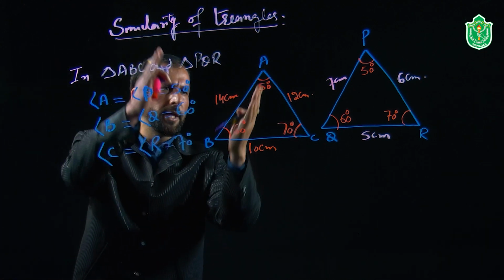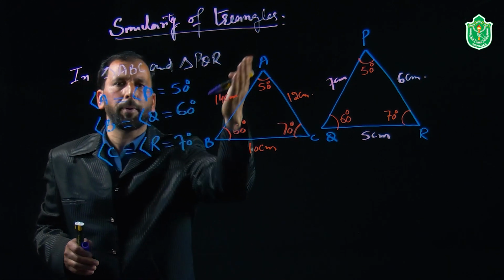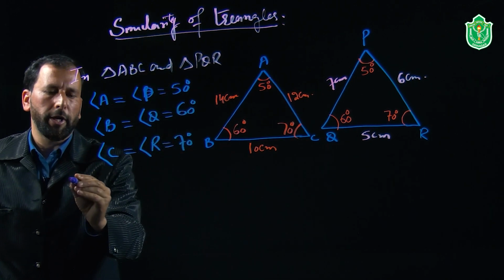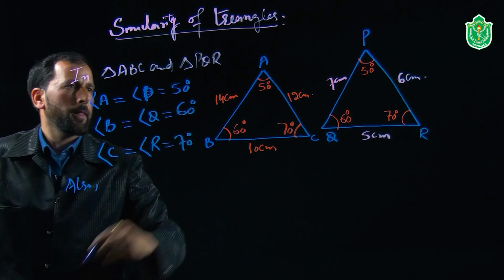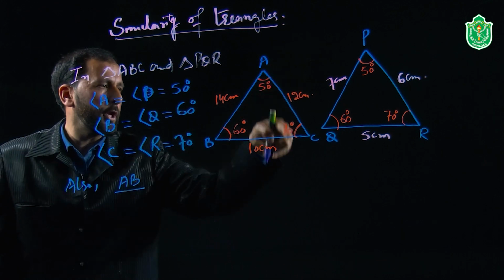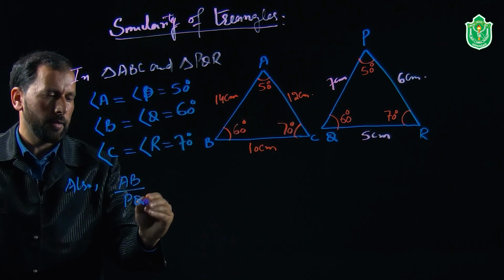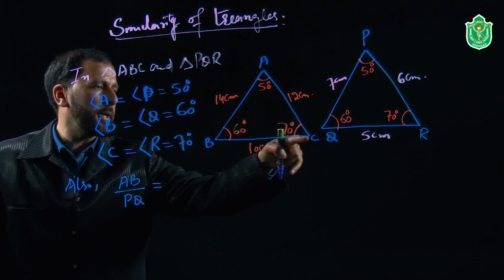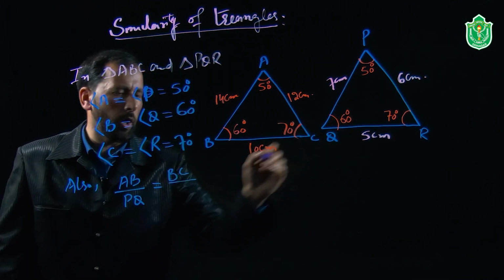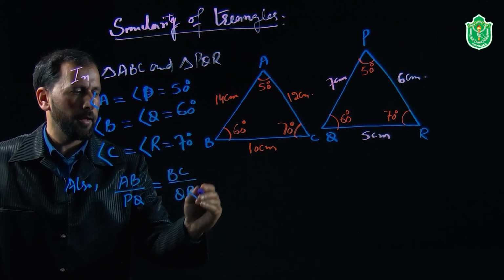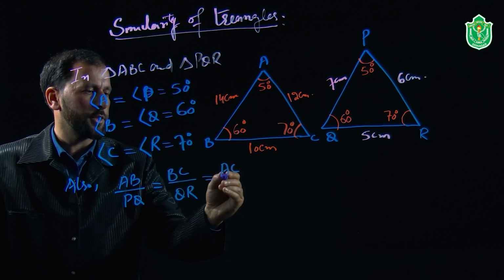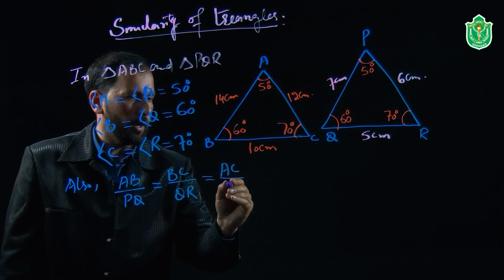Also, the ratio of their corresponding sides, that is, side AB and side PQ. So here we can write AB by PQ is equal to side BC upon side QR, and further equal to side AC upon side PR.